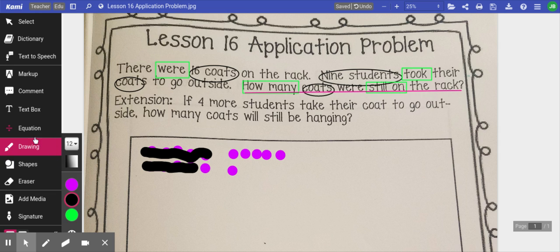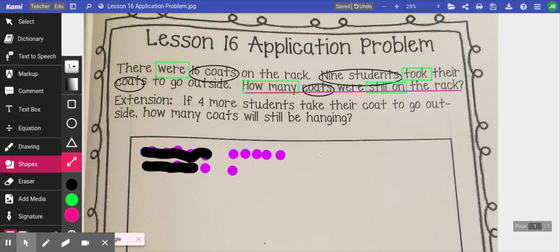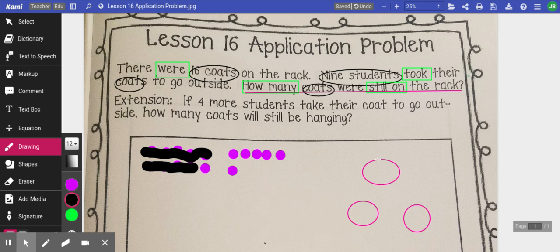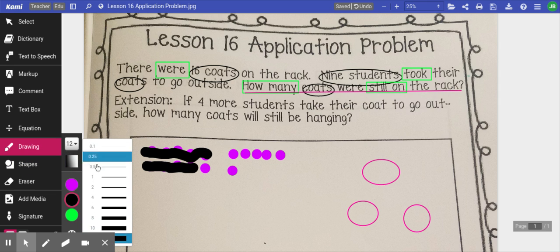I could have also done a number bond, or I could have used the numbers. Let me set up the number bond here. Circle, circle, and circle. And I know my whole number was 16. So I put a 16 in there.